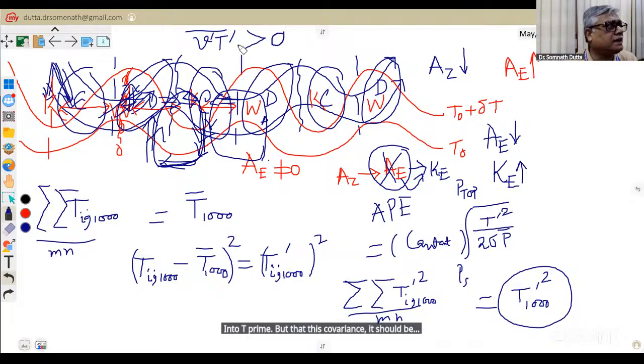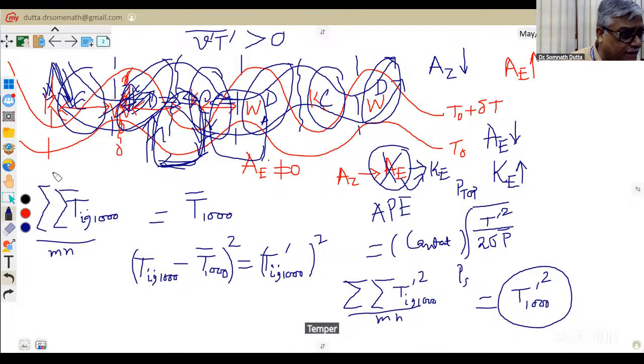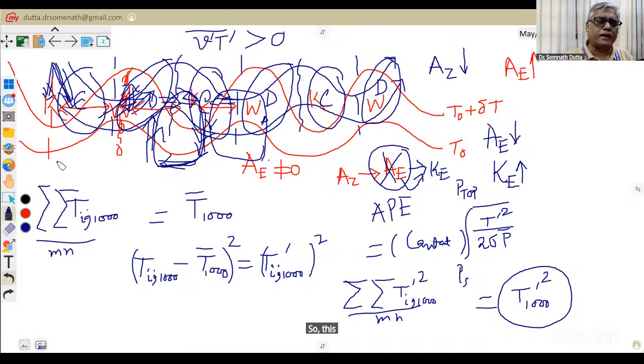That means northerly cold, southerly warm. If it happens, so what does it mean? This is possible if the thermal trough lags behind the contour trough by a certain phase. So this is a very important criterion.